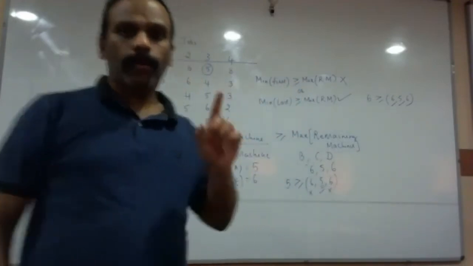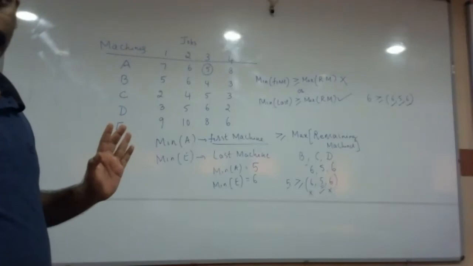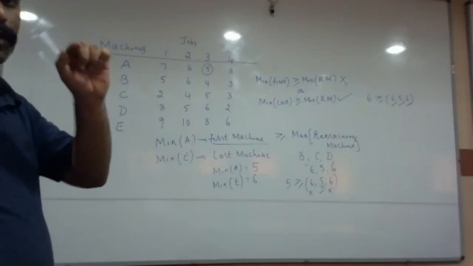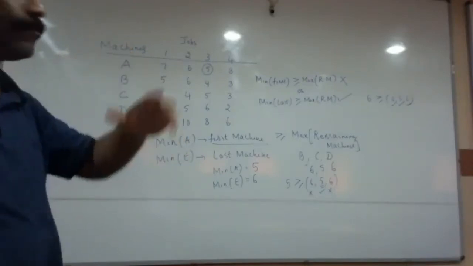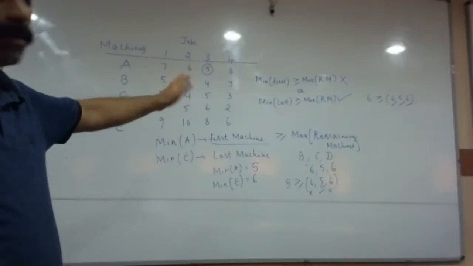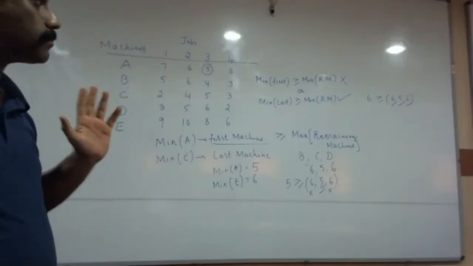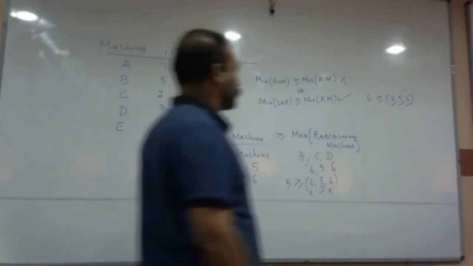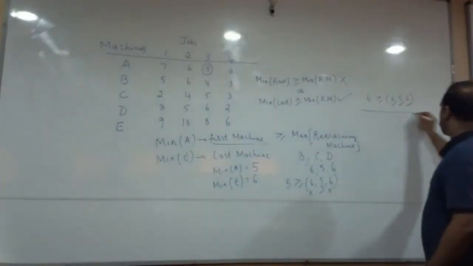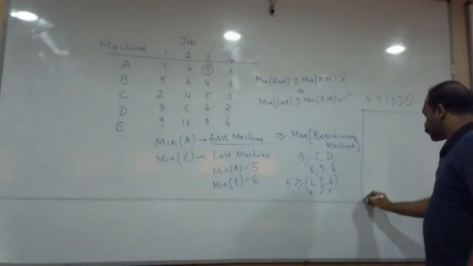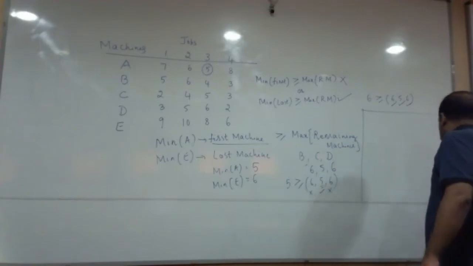So what is the procedure to be followed? This is exactly where I wanted to stress. Unfortunately, yesterday, since there was some technical problem, I could not continue. Please understand, I'm writing it here very clearly. This is the most important step in this entire problem.